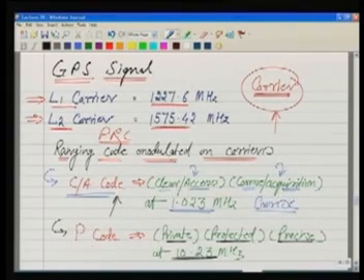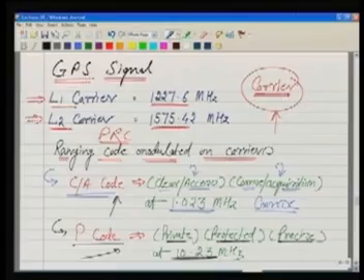That's why it is precise, and this code is not available to the civilian users. Rather, this code is designed for the military, because initially when GPS started, they were started keeping the military applications in mind. So this code is a kind of protected code.